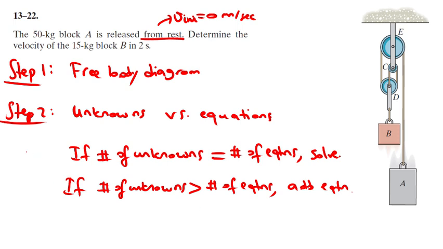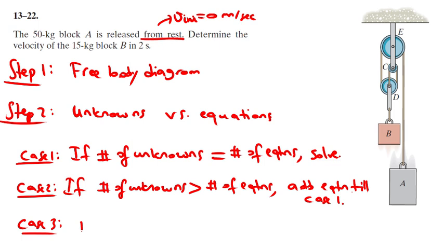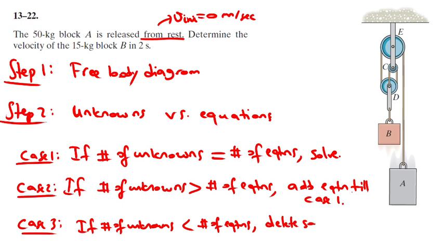So that is case 1, case 2. And then case 3 is if the number of unknowns is less than the number of equations, then delete some equation or check for it.